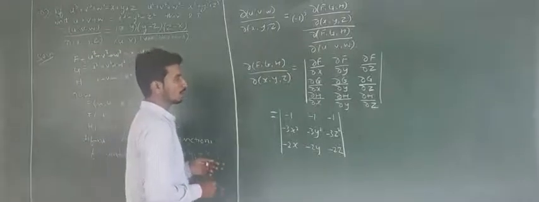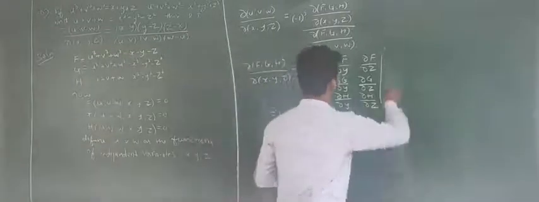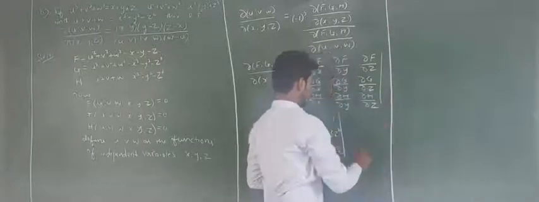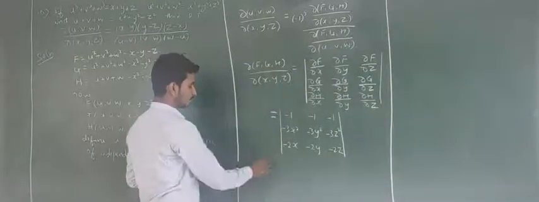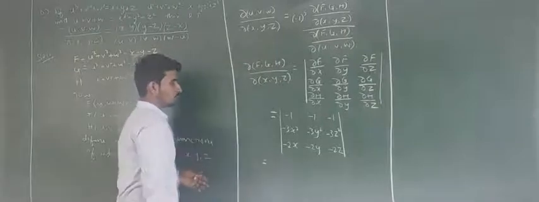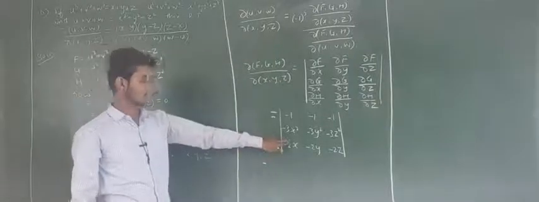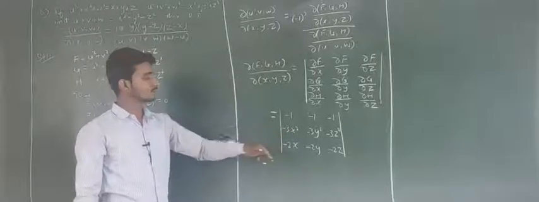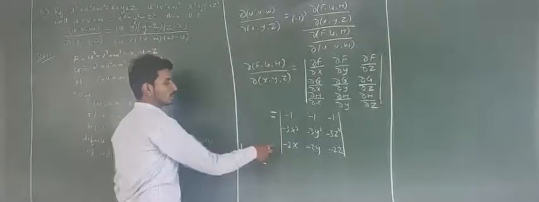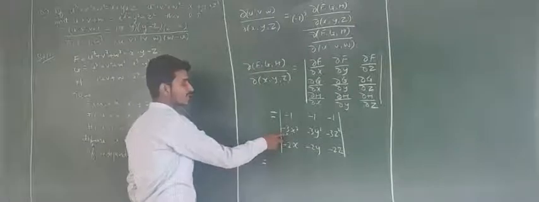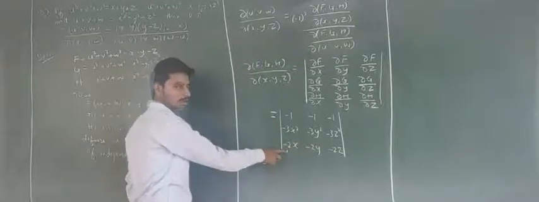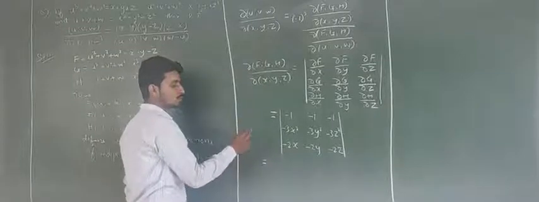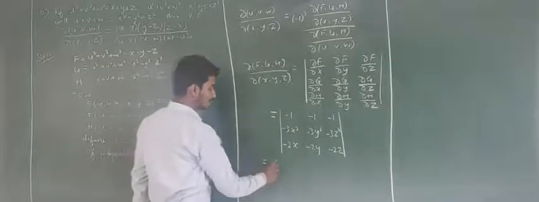Next, what we have to do here is take common minus 3 and minus 2 from row 2 and row 3. We take minus 3 common from row 2 and minus 2 from row 3, and multiply them: minus 3 into minus 2 will be 6.